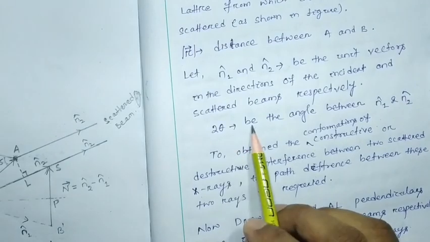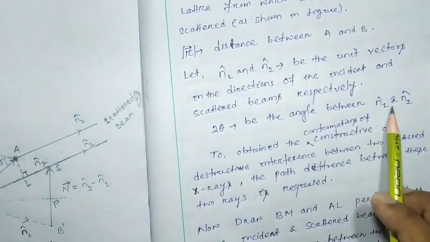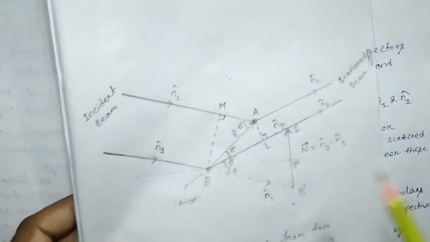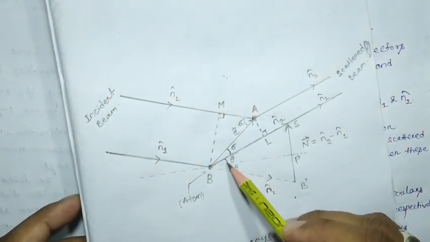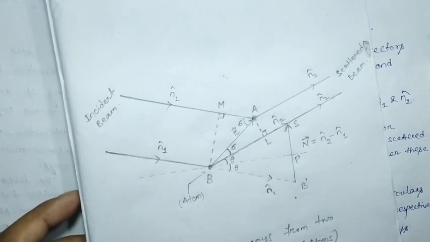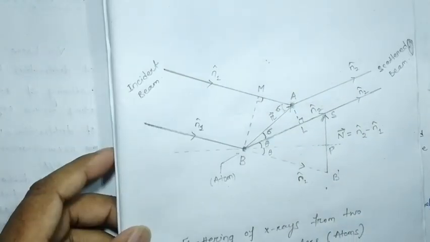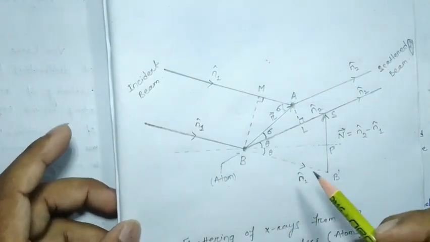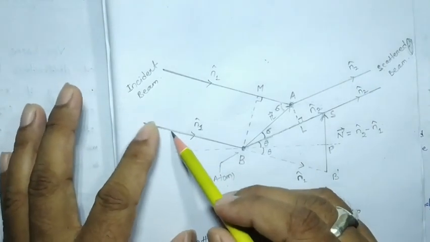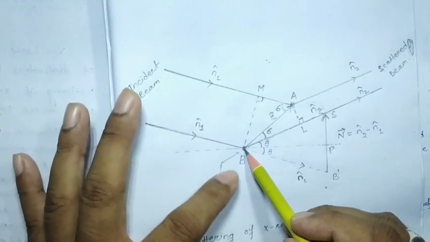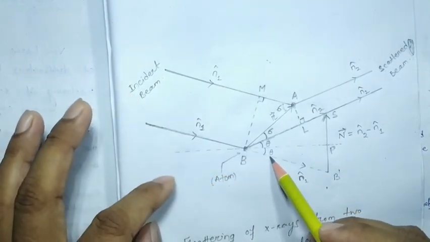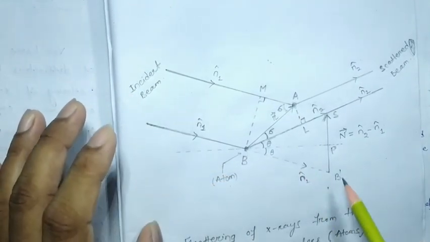Now 2 theta is the angle between n1 cap and n2 cap. So this angle is nothing but 2 theta, because here we can see that if there is no reflection or diffraction from point B, then the n1 ray will go in this way.